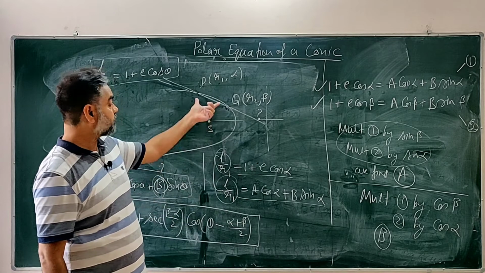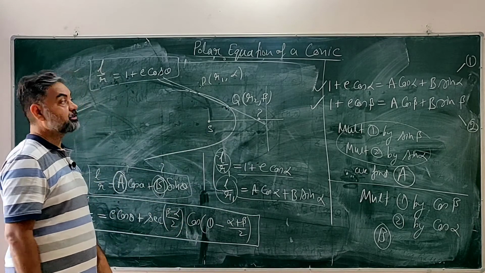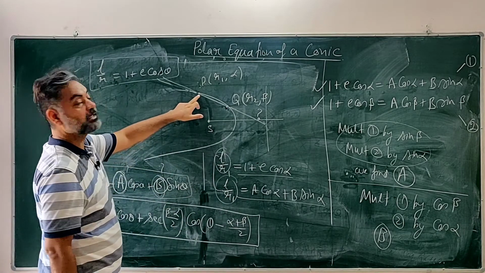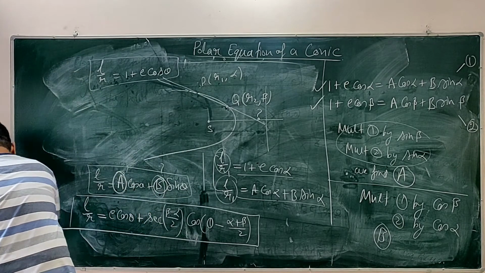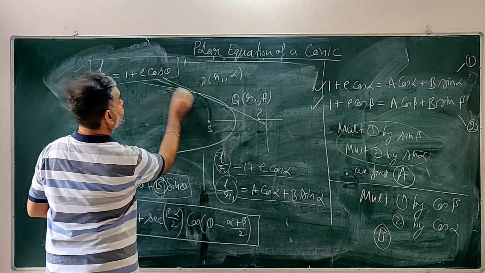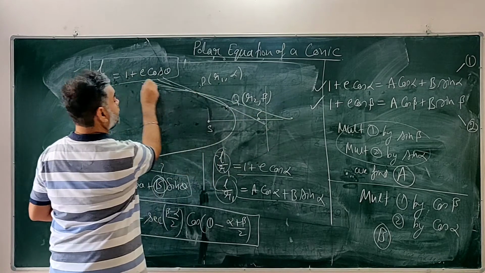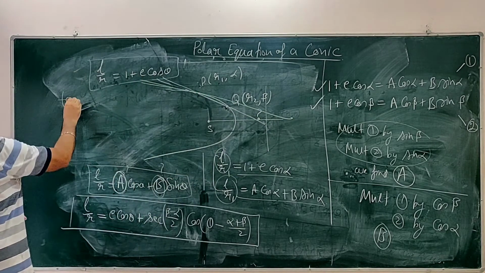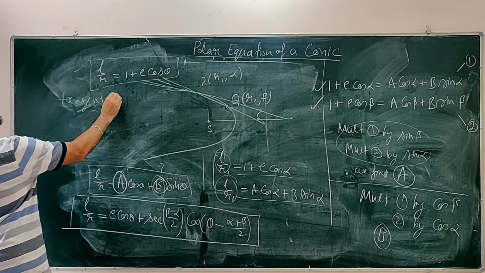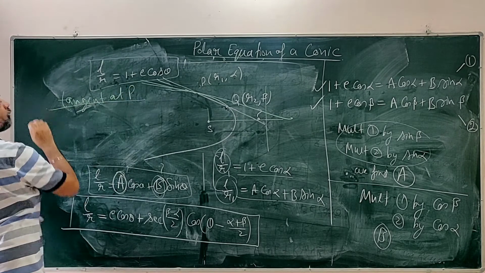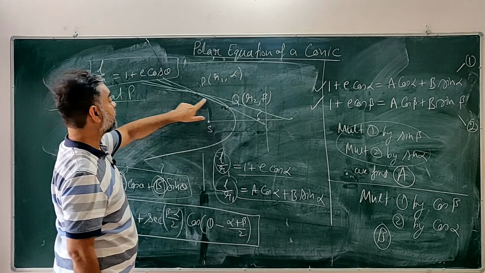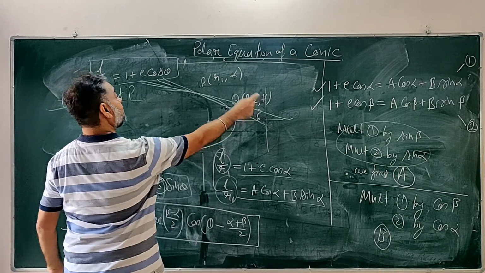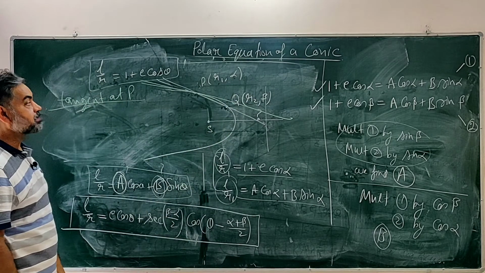What is the use of this equation? The use of this equation is that you can write the equation of the tangent at the point P. The equation of the tangent at the point P would be when Q coincides with P. When Q coincides with P, beta becomes alpha.